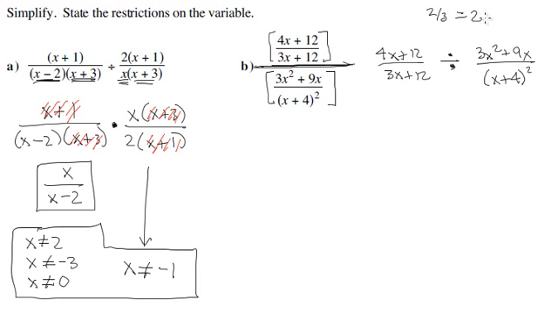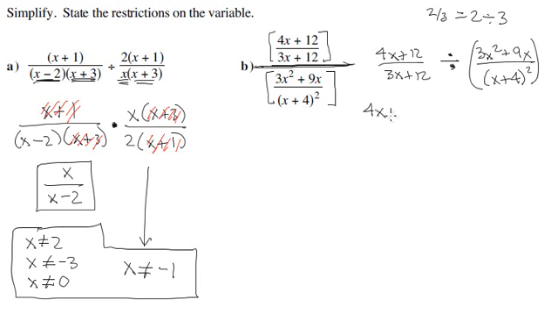2/3 means 2 divided by 3, and in this case, the thing with all the 12s in it is divided by the thing with the 3x squared in it. So this is an improvement. We went from having a 4-level fraction, which is scary stuff, to a couple of 2-level fractions. And the next thing we can do is where this division used to be, I'm going to put a times, and then this second fraction is getting flipped upside down.